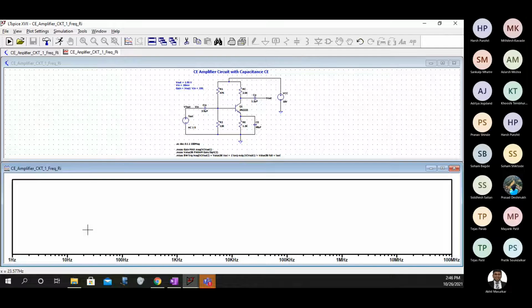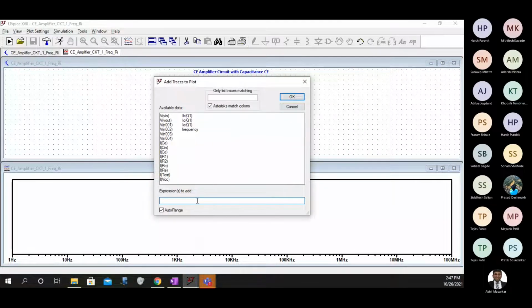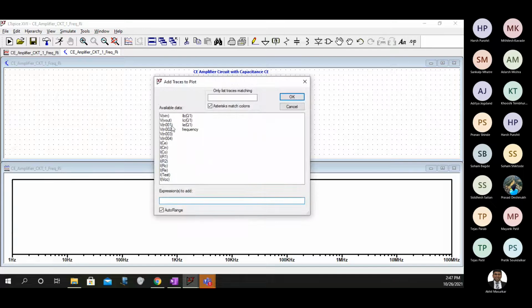and I can write here add trace. V of test voltage divided by I of test.